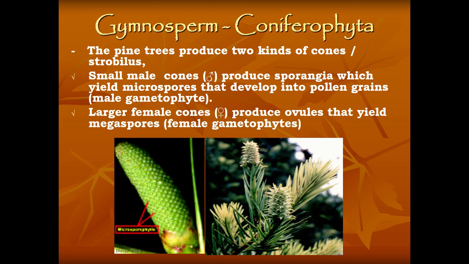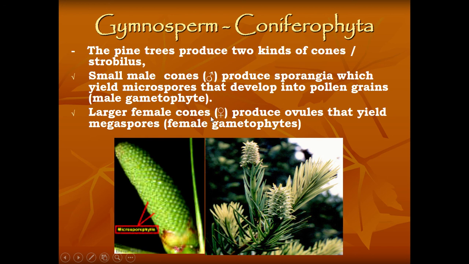So the pine trees, which are under the phylum Coniferophyta, produce two kinds of cones or strobili. First, they have a small male cone that produces sporangia which yield microspores that will develop into pollen grains, which are referred to as the male gametophyte.